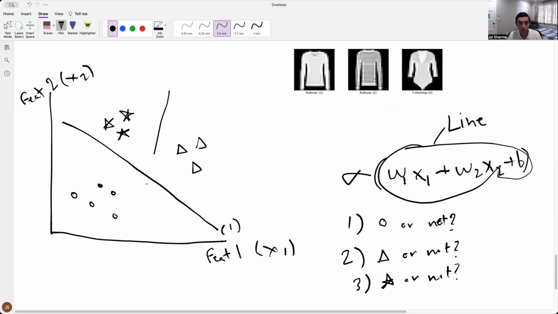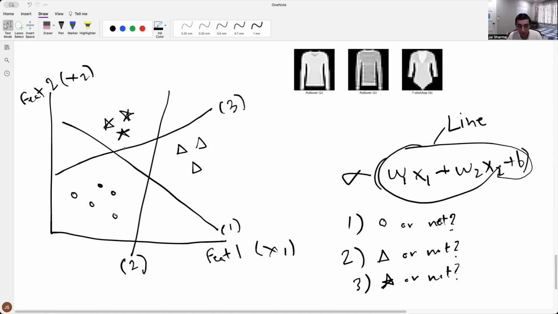So what we might do is draw a line like this. This would be line two. And number three would be trying to separate stars from non-stars, and it would just be like that. This would be line three. So all three of these are lines.